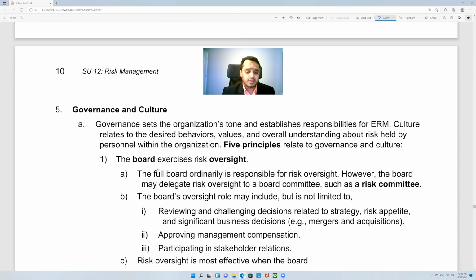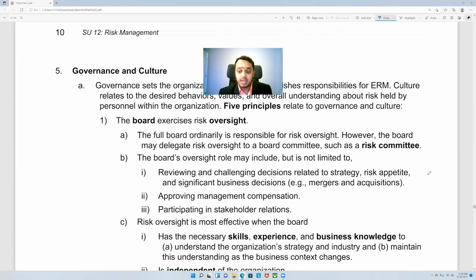Now, to start with governance and culture, you see the 5 principles. The board will set up an oversight to identify what risks are there. They set up a risk committee to understand what the limitations should be. If this goes beyond, then that's a bit risky for us.